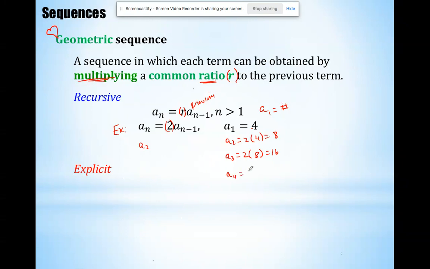A sub 4 is 2 times the previous term. Again, you can think domain, right? I started with 1, 2, 3, 4, and I can keep going. And my range is, I was given the first term, 4, then I used the 4 to get 8, then 16, then 32.